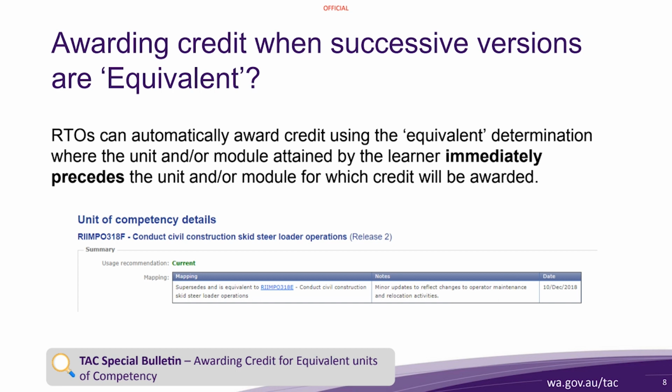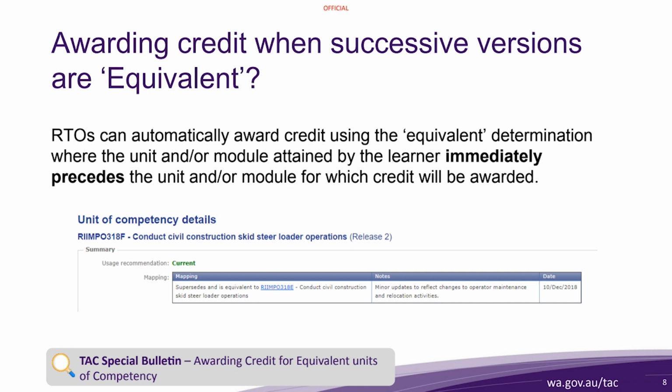So if we are looking at successive versions, we have to ask how far can we go? And the position is that RTOs can automatically award credit using the equivalent determination where the unit or module attained by the learner immediately precedes the unit or module for which credit will be awarded.